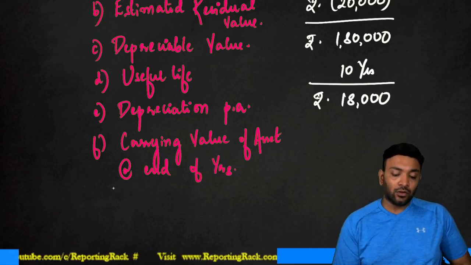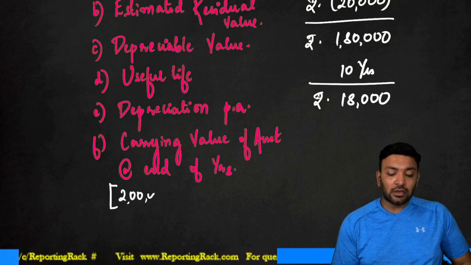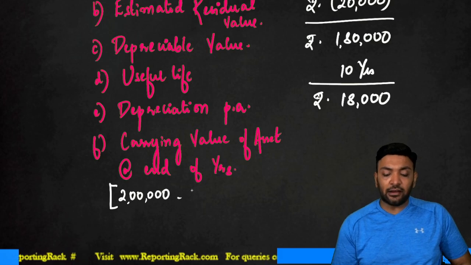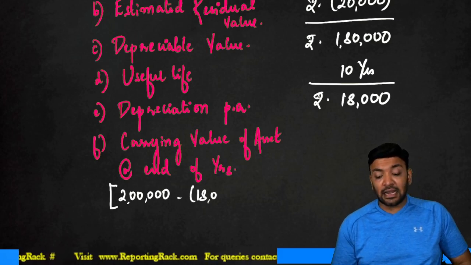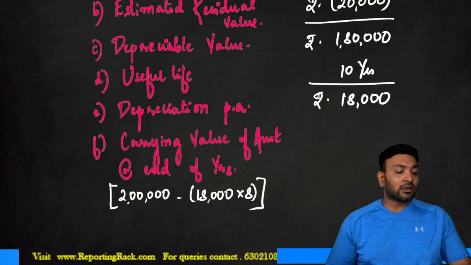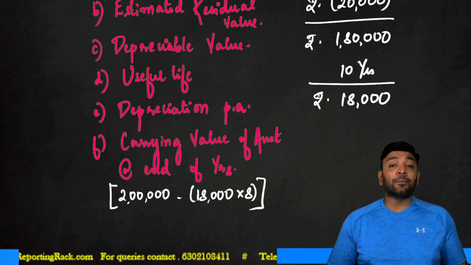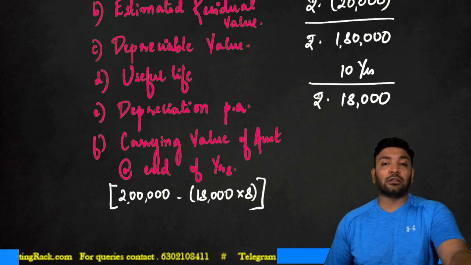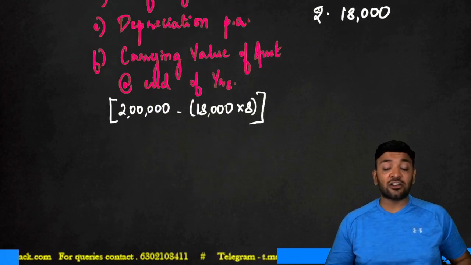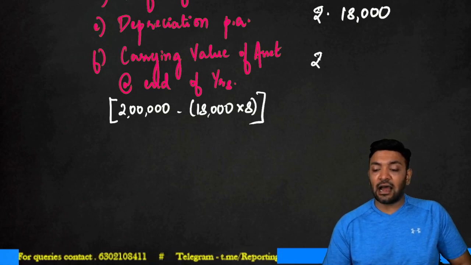The total cost of the asset is 2 lakhs. How much am I depreciating every year? 18,000. For how long did you depreciate? For 8 years. Calculate. 18,000 depreciated over 8 years. Total depreciation charge is 1,44,000. If I charge a depreciation of 1,44,000, then the remaining carrying value of the asset after depreciation will be 56,000.